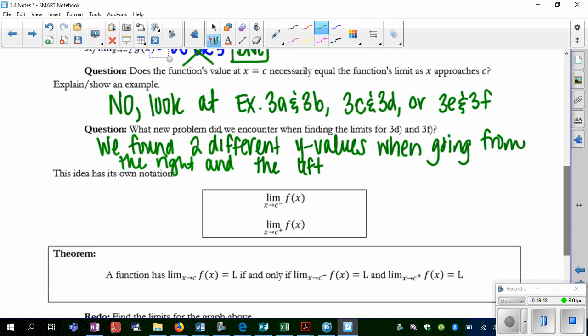So if you look at this notation here, this first one, see how it has a little negative after the c? That means you're coming from the negative numbers. That means you're coming from the left-hand side. So this is called the left-hand limit.